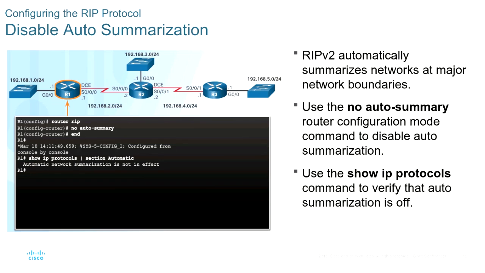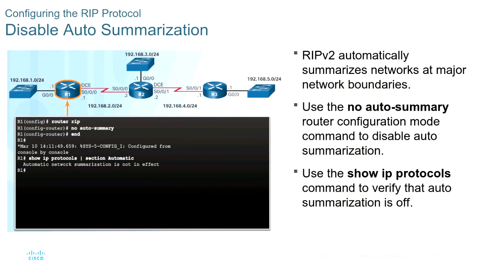So if you start working for a company, always blame everything on your predecessor who had bad design. If he has a problem here, that summarization is on, you can promote it to RIP version 2, turn off auto summarization, and that might fix your problem where half the pings fail.